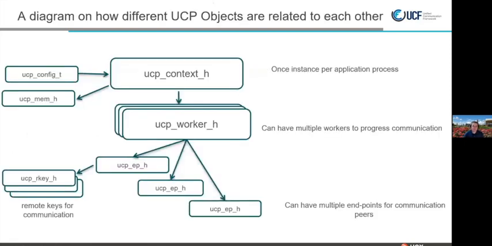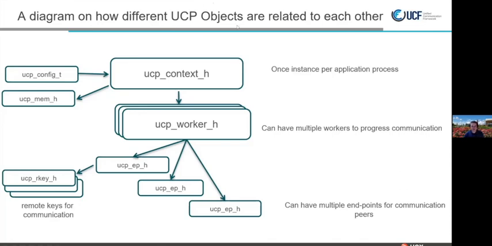All right, we've expanded our view here. We took that previous picture. Again, we have the context. You can see here, if we want to set up the context, maybe we have a config object that specifies, okay, I want to have a consistent context each time I start this application. I'm going to store all that in this data structure, UCP config. And then from that context, we might register some memory.